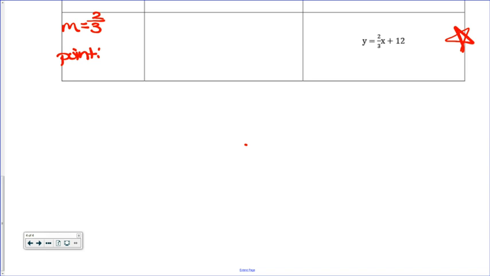The point is going to be our y-intercept. We're going to use that as our point. So because slope-intercept form tells me the slope and the y-intercept, we can use this as our point. So the y-intercept of 12, written as a coordinate, is 0, 12.